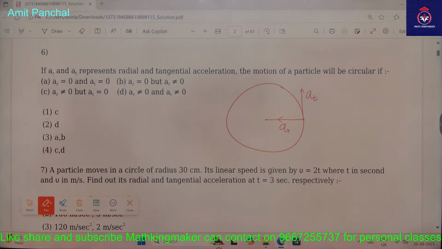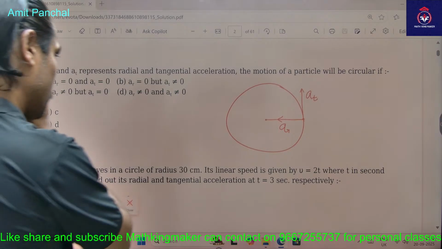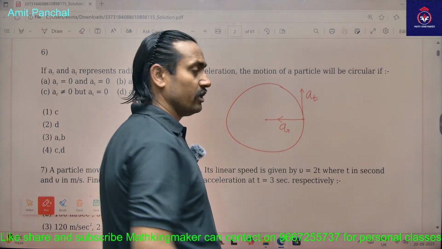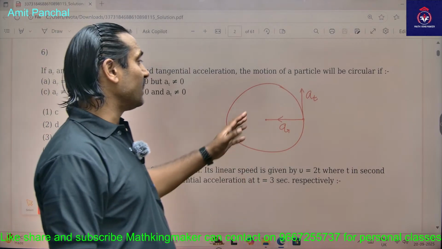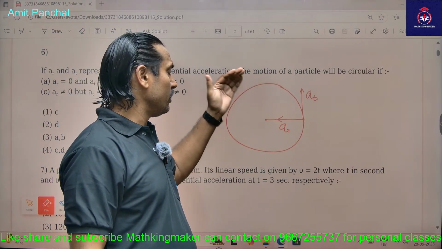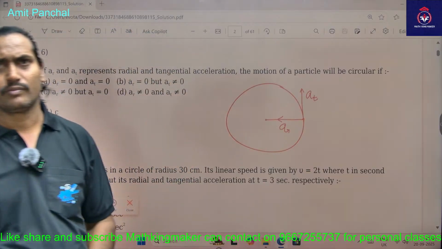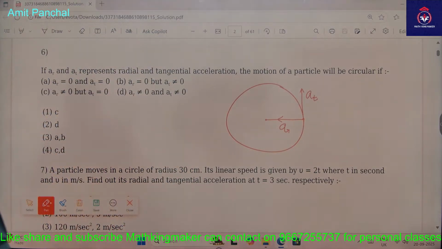Imagine if AT is 0, then it will just move inwards towards the center of the circle. If AR is 0, then it will just move off in a tangential direction. One of them should be 0 so that they can balance each other. Either they will both be 0, or they must be equal. So that will be the condition.